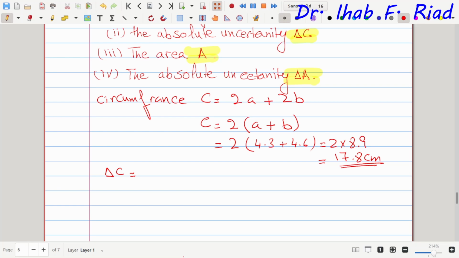So we have delta A and delta B. So delta C is simply 2 delta A plus 2 delta B.